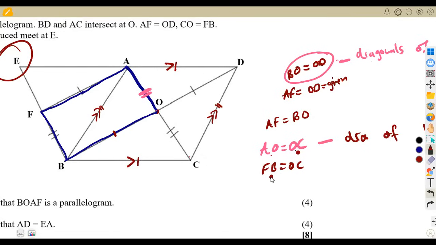So FB is going to be equal to AO. So AO and FB are automatically equal. As you can see, opposite sides are already equal, all right?